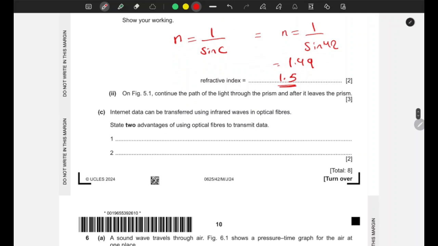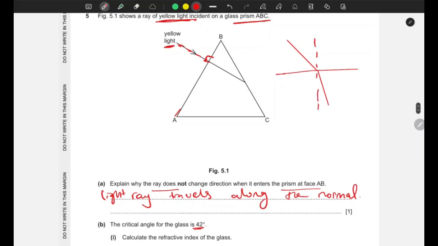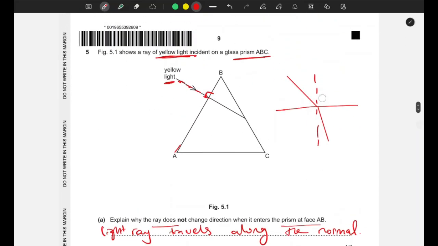On figure 5.1, continue the path of the light through the prism after it leaves the prism. So let's look at the diagram. Let me just remove all this. So they're telling us to draw the path of the yellow light. So first what we have to do is draw a perpendicular line, which is a normal line, 90 degrees.